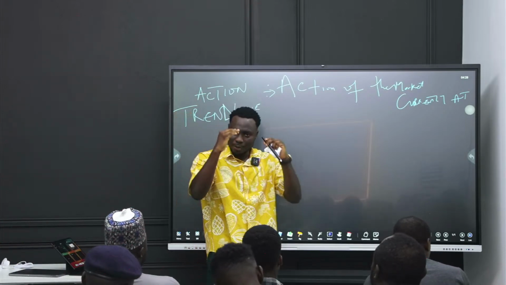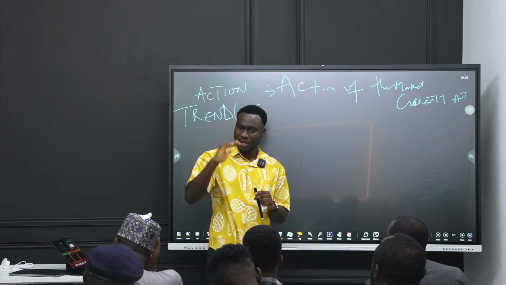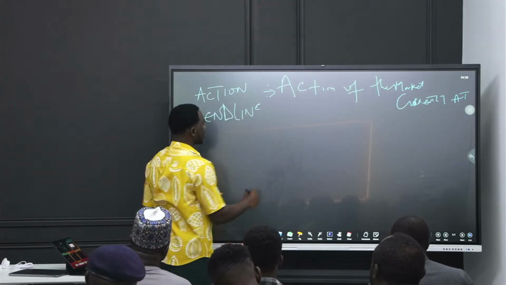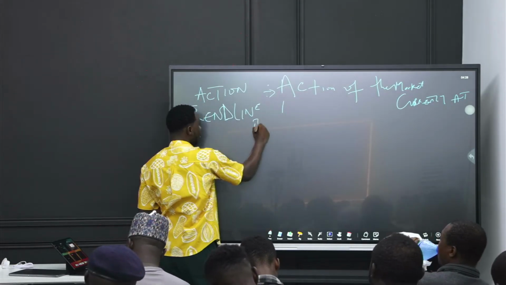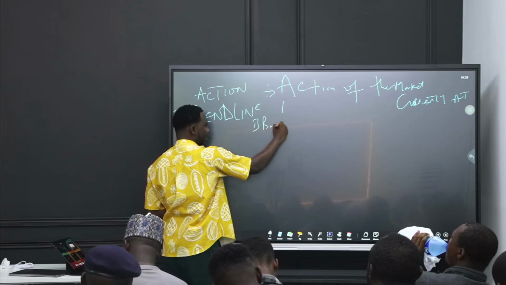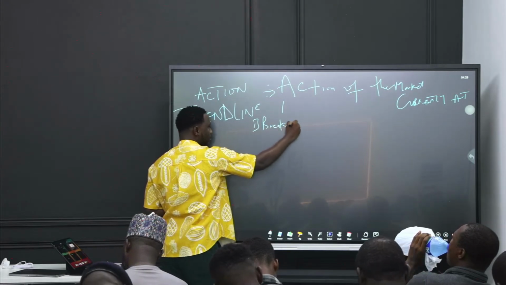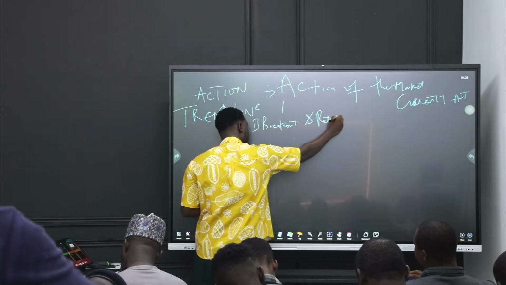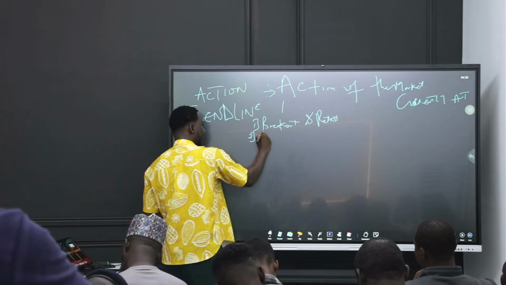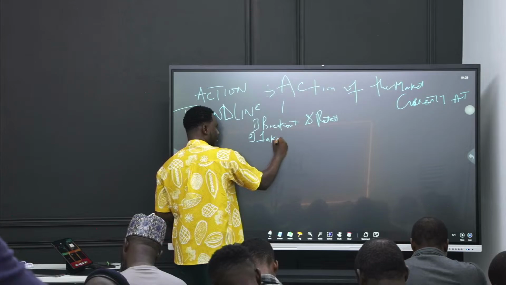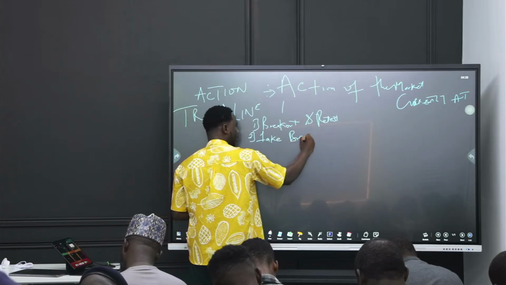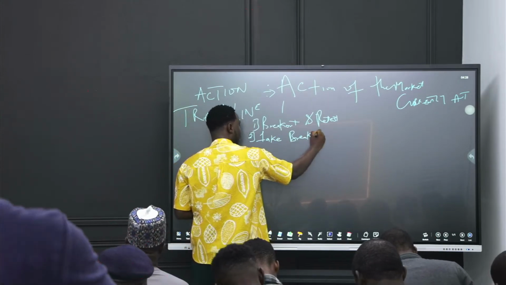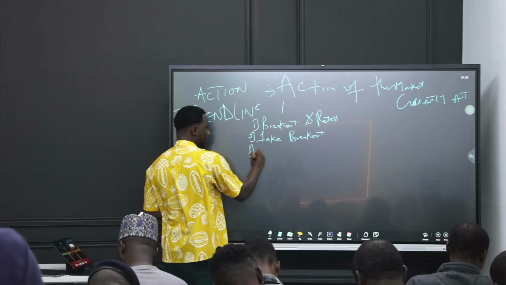So we're going to list a number of actions and see how many of them we can treat today. A number of actions we could see: one of them is a breakout and retest. Another action is a fake breakout. Another action is a fake out.